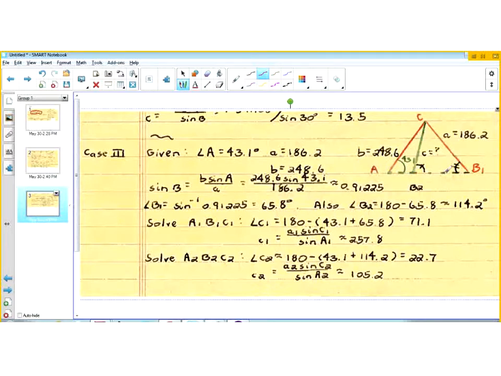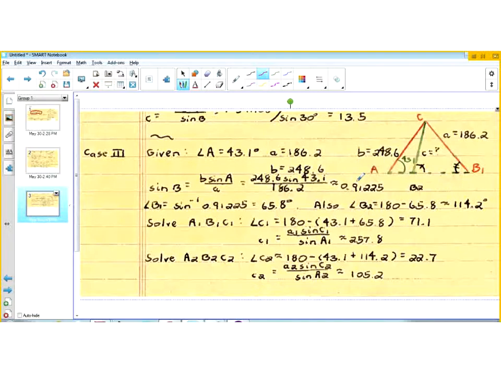Okay, so consider triangle ABC. Let me see, there's an error in the drawing here.